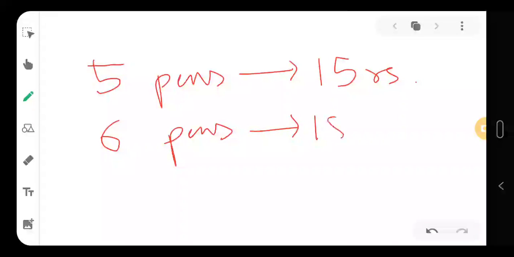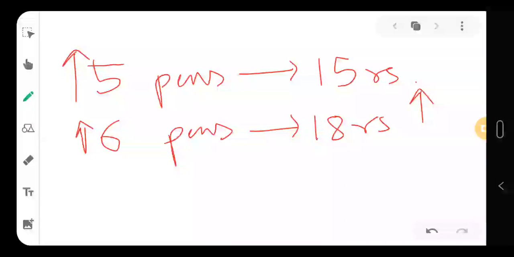So I will need this much money. So you can see clearly that where my number of pens is increasing, my rupees is also increasing.